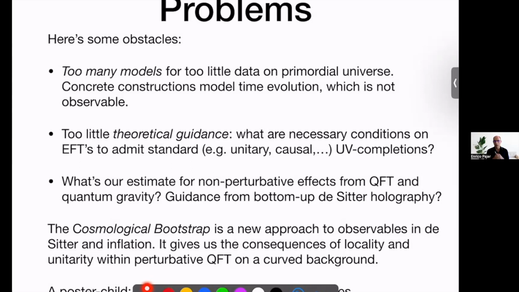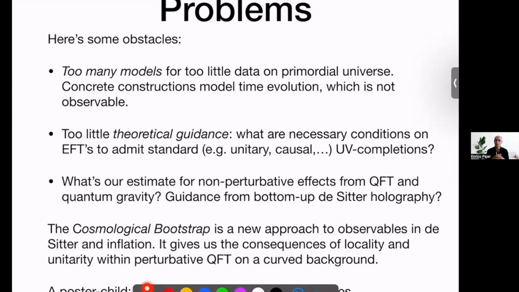An example, the problem is that all models that have been written down so far are unitary, local, and causal within the effective field theory, but we don't know which one of those admit a UV completion that is equally unitary, causal, and local. In flat space, we have interesting constraints that come from this requirement that go under the name of positivity bounds, in which you use some general principle like unitarity and analyticity to say that certain contributions from the UV must be positive, and therefore certain infrared Wilson coefficients must be positive.